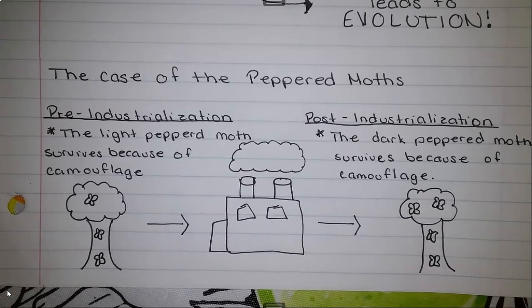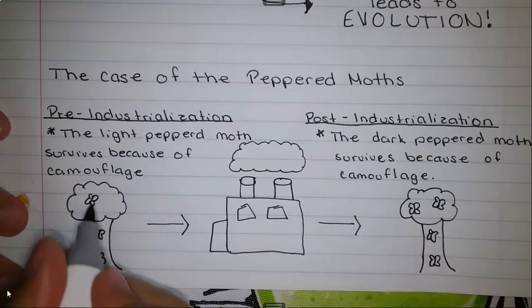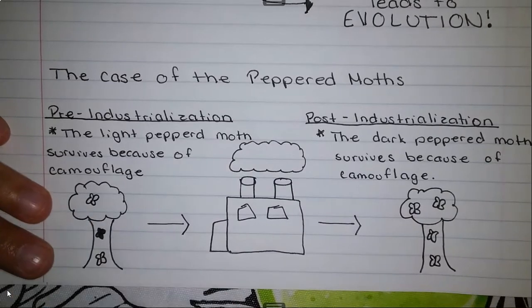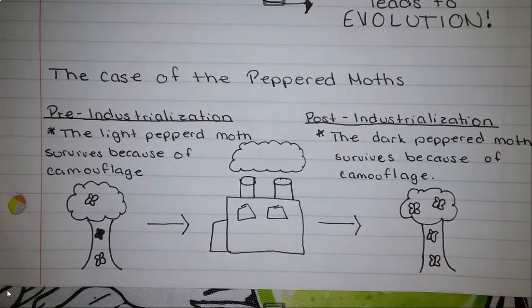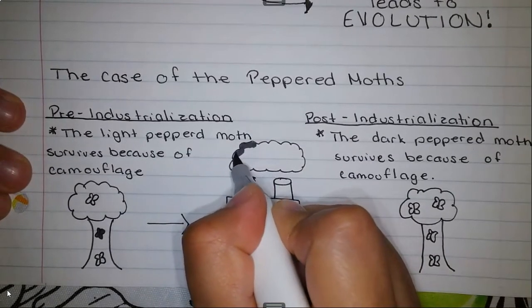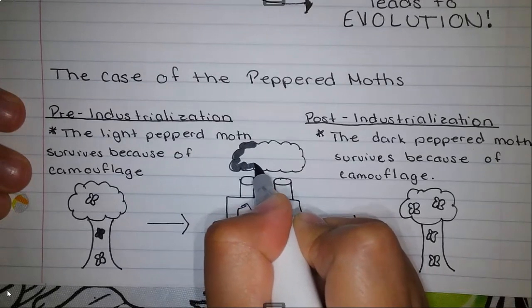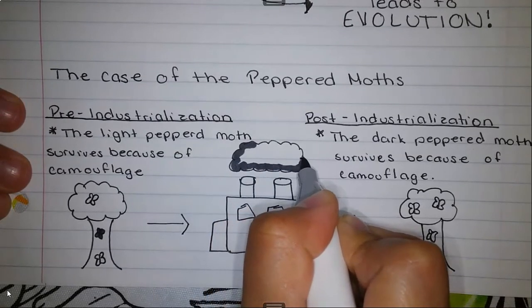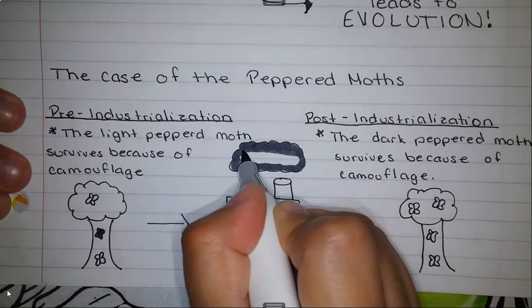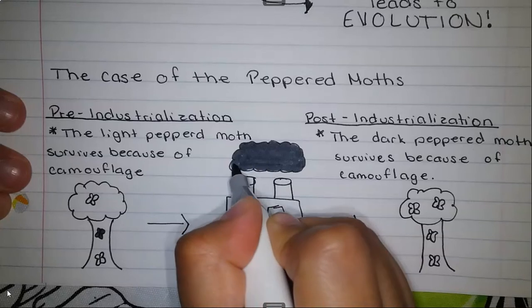Okay, so again, before industrialization, we had our white moths, but we also had a couple of them that were dark, and those were the ones that were getting eaten. So industrialization happens, they start building these factories that produce this soot, this pollution that affects the coloration of the trees.